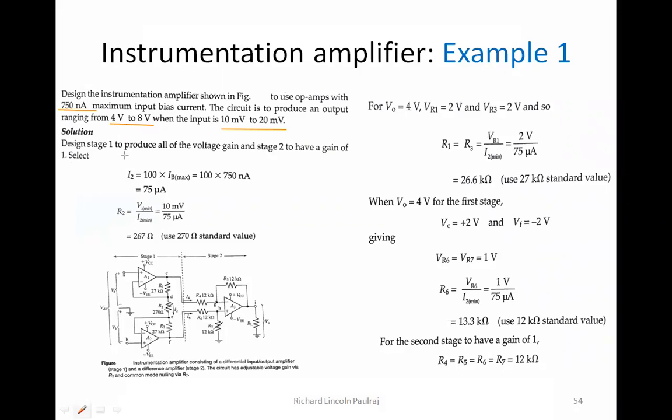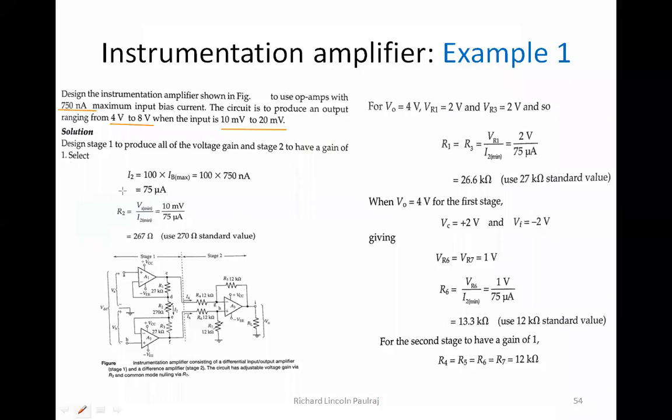We will take it step by step, stage 1 and then stage 2. Design stage 1 to produce all of the voltage gain, and stage 2 to have a gain of 1. Remember I had told you ACL is going to be equal to 1.